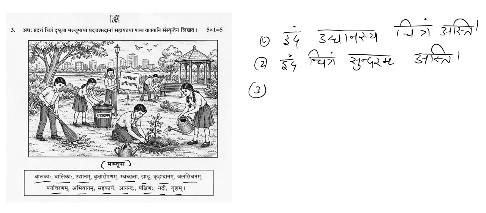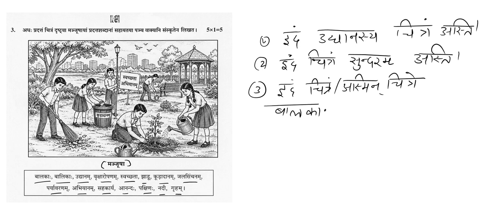For the third line, we see what objects are there, but before that we can write who is in the picture. So: Idam chitram, or else you can write Asmin chitre, meaning in this picture, balakaha balikaha.